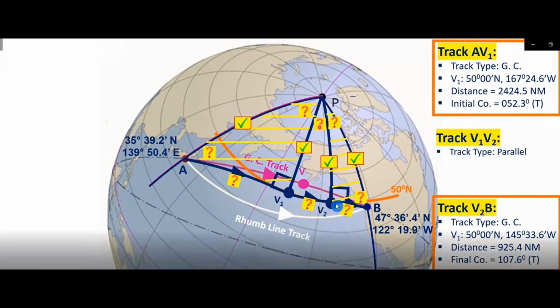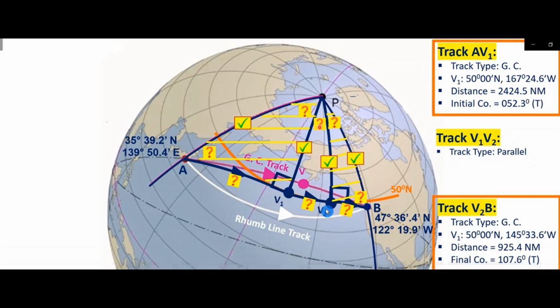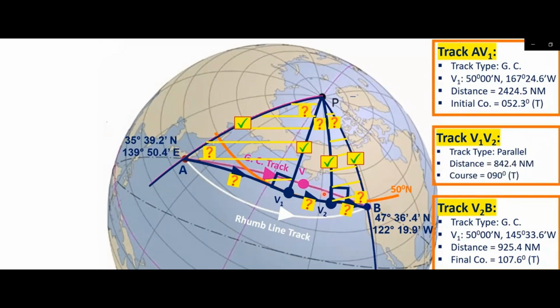So once we have the D long, we can apply the parallel sailing formula and find the departure. Now, knowing the D long between V1 and V2 and knowing the latitude along which parallel sailing is being executed, we can calculate the distance V1, V2 by parallel sailing formula.